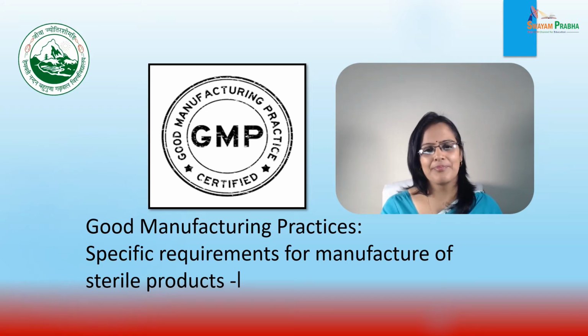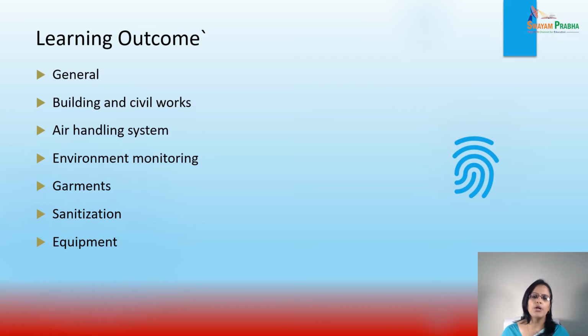After completing this module, we will learn about the general guidelines with reference to sterile products, building and civil work, air handling systems, especially environment control and environment monitoring, garments and sanitization, specific requirements with reference to the clothing of the persons who are working in the sterile manufacturing area, and equipment. All these things we are going to study in this module.